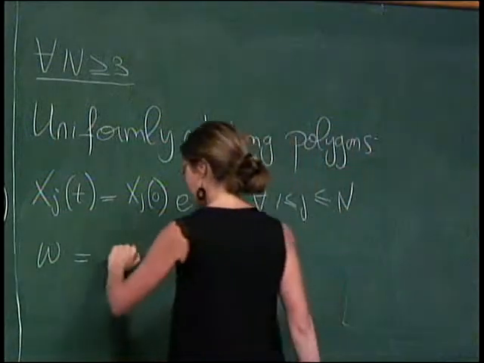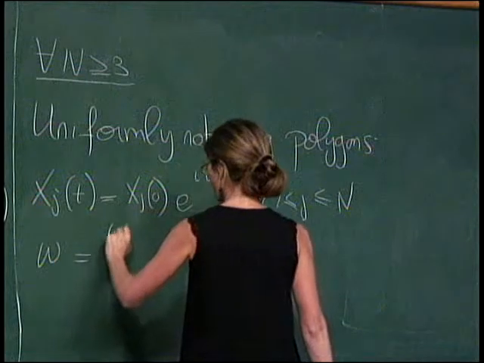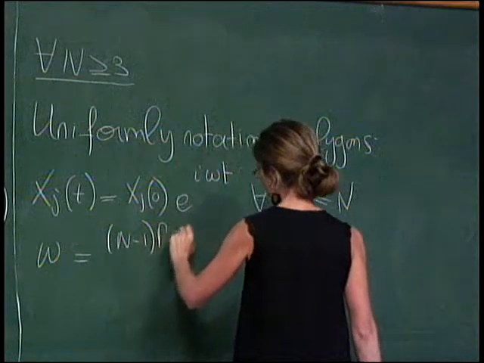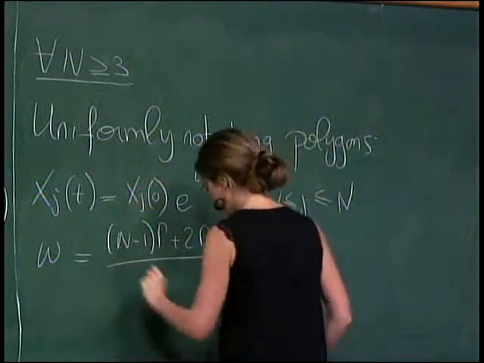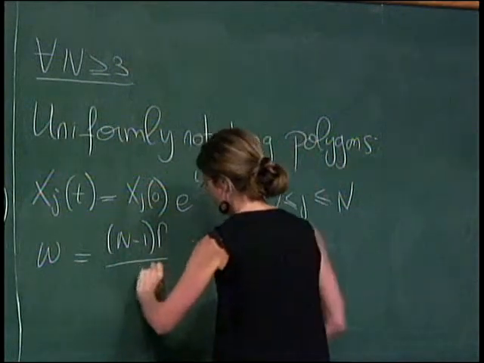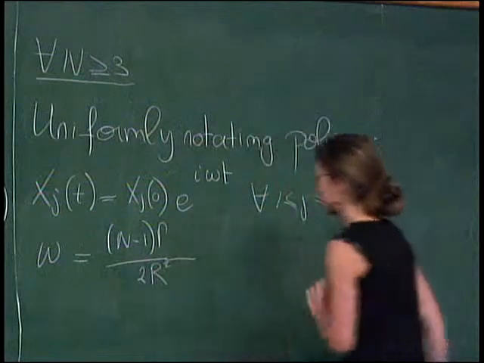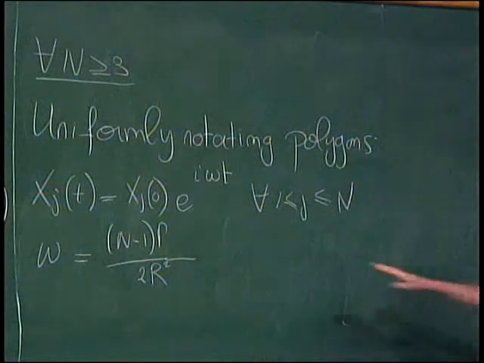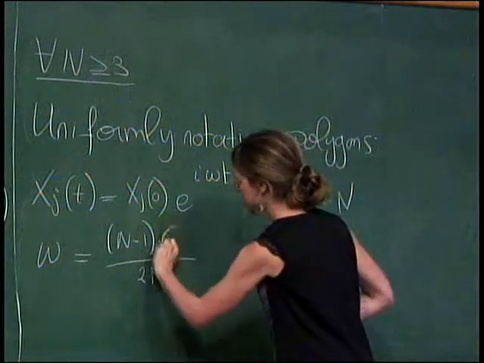So it is equal to (n minus 1) gamma plus 2 gamma 0 divided by 2r squared. So gamma, sorry, this is a small gamma.